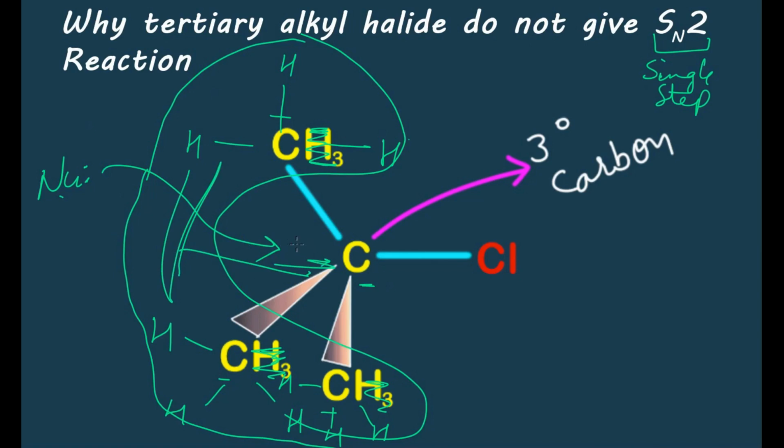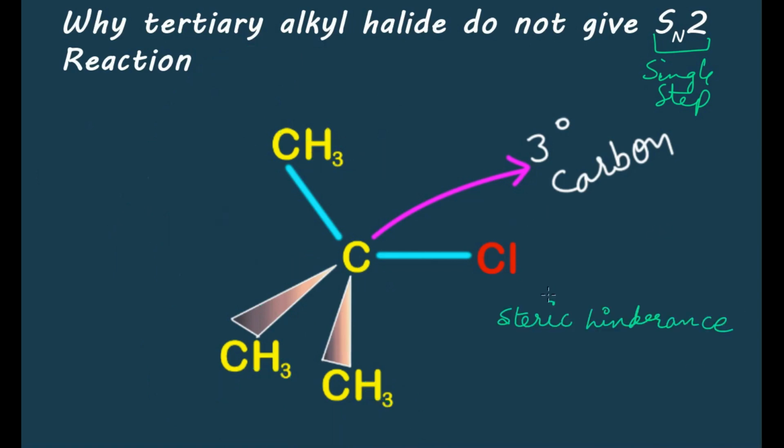So this is the problem that the nucleophile has to face in tertiary carbon. The single term that you should use to answer why tertiary alkyl halides do not give an Sn2 reaction is steric hindrance. Because of steric hindrance, the attack is not possible. The nucleophilic attack is not possible from the backside.